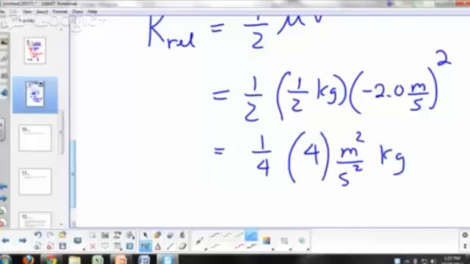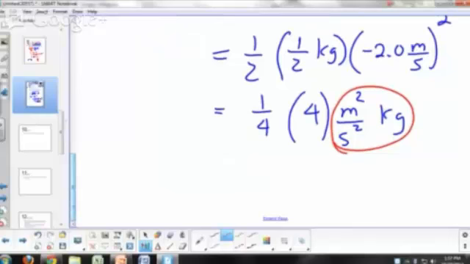So what's a kilogram meter squared per second squared? That's a joule. So your relative kinetic energy is 4/4. This is 1, so it's 1 joule, right? 1 joule.